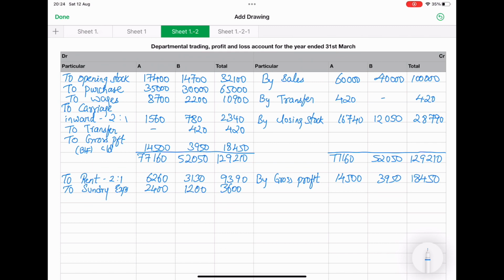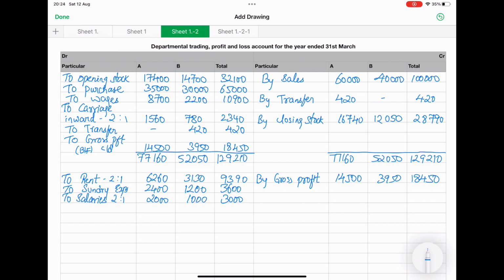Next expenses we have salaries. Salaries are also in the ratio of 2:1. So total salaries we have 3,000. 3,000 into 2/3, 2,000 and 1,000 for department B.